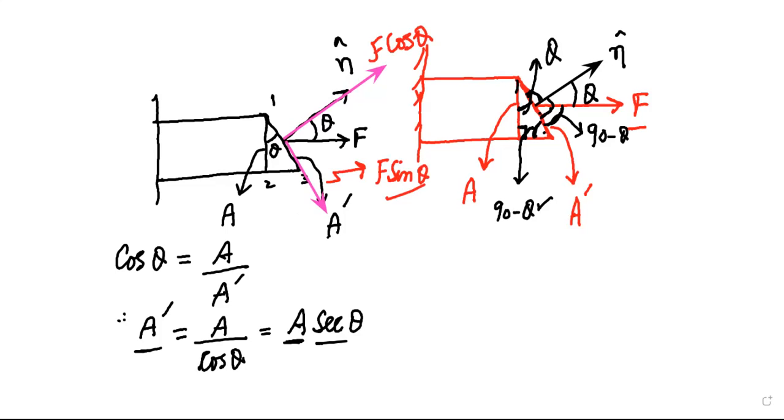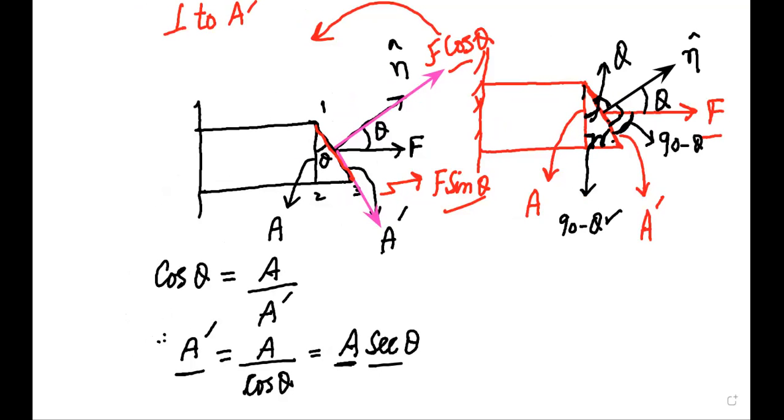So the F that is acting on the inclined, slanted area has two components: F cos theta and F sine theta. F cos theta is perpendicular to the slanted area A prime, and F sine theta is parallel to slanted area A prime.